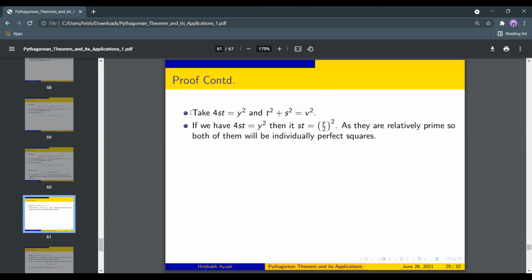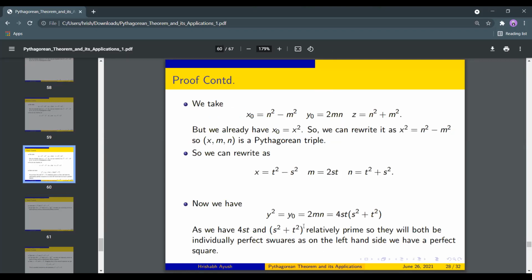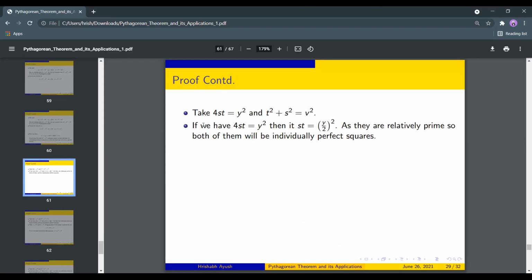Okay, so we can take 4st equals y square and t square plus s square equals v square. We saw from here that both of them need to be individually perfect squares. So if we take 4st equals y square, we find st equals y by 2 whole square, so we send the 4 to the denominator.